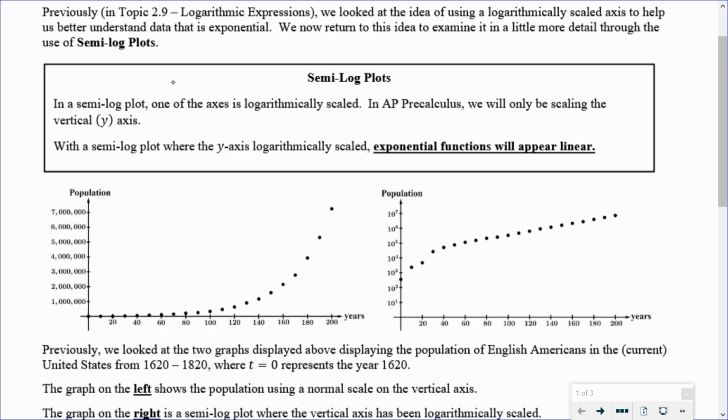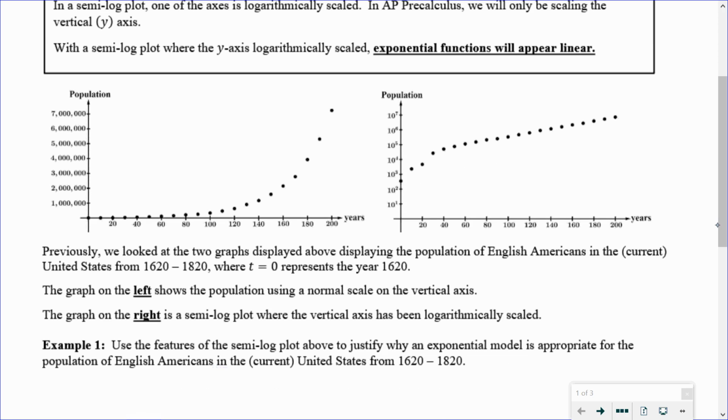It looks exponential. The problem is that the x-axis has a normal scale, but on the y-axis these are huge numbers. So if you have 100,000 people, that's a lot of people, but if I have to graph 100,000 on a graph that goes up to 1 million, it's so close, it looks like it's 0.